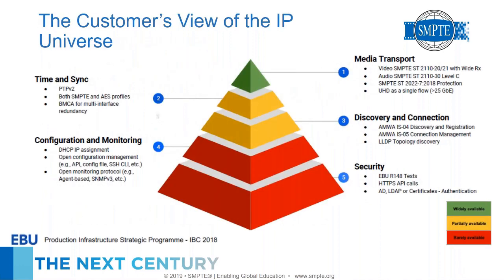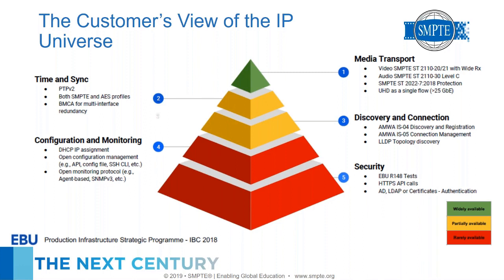Now, the EBU thankfully came up with this nice pyramid drawing to talk about their view, as customers, broadcasters, of the IP universe. And so things like 2110 are up in the green top part of the pyramid. They're well-defined, everyone understands them. Timing and synchronization and discovery and so forth are the yellow parts where there are well-defined methods and everyone's starting to use them.